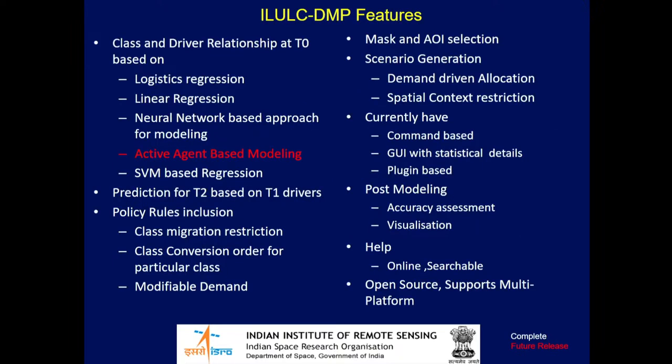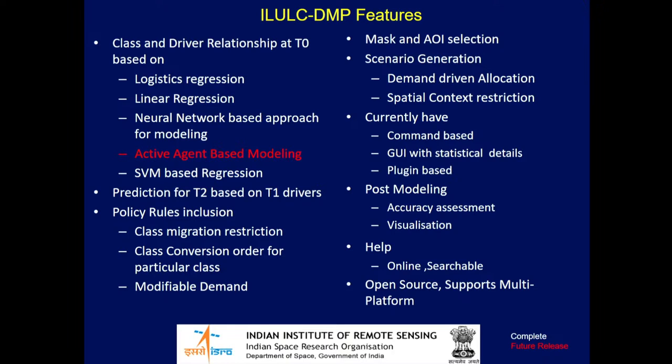The model which you talked about, OpenLDM, has different types of algorithms to establish the relationship between drivers and corresponding land covers. It also has scenario generation, especially based on different user demands, and different modes of execution, as well as an accuracy assessment module.